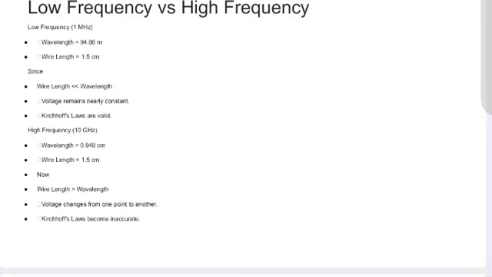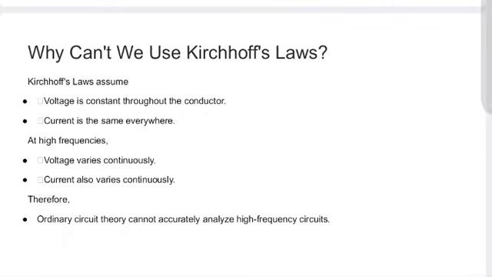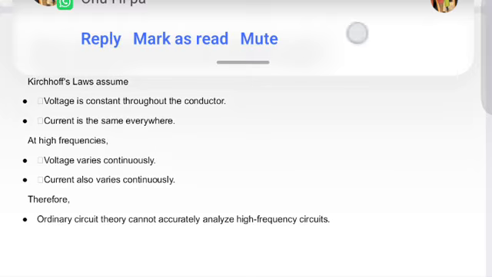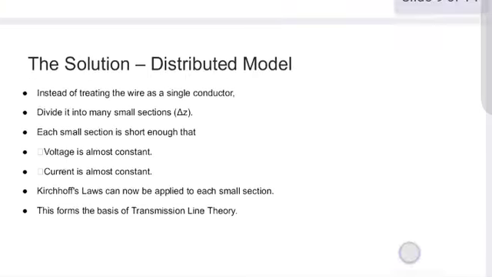In Kirchhoff's law, we assume that voltage is constant throughout the wire and current is the same everywhere. But in case of higher frequencies, the voltage actually varies instantly and the current also varies continuously. That is why we will not be able to apply Kirchhoff's law for circuits with high frequencies.